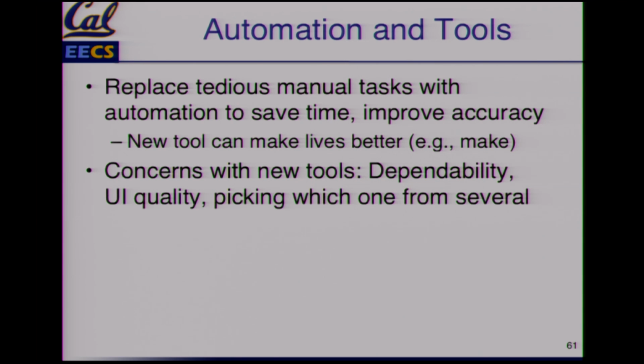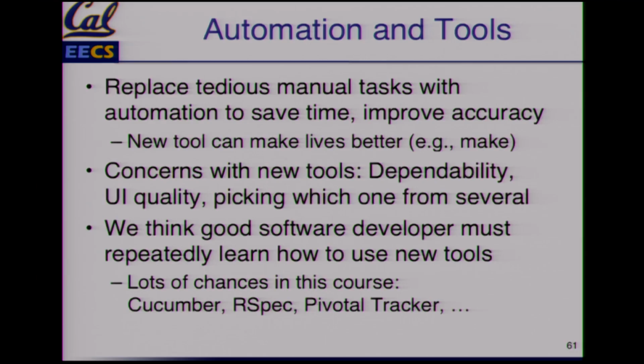The downside of tools is you don't know: do they really work? Do they have a lousy UI? The good news for this class is you'll get to see a lot of tools, but the staff and I will vet those so that you'll know they're worth learning. And we think this is one of the things you do if you're going to be a software developer: you embrace new tools. This is how you get more productive. New tools come along that do something that was incredibly painful, you embrace them and get your work done faster. You'll see many of them in this course.